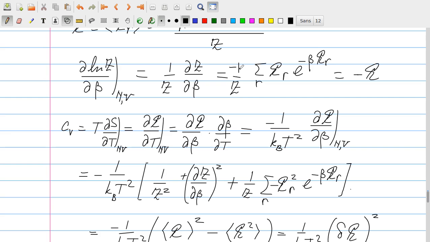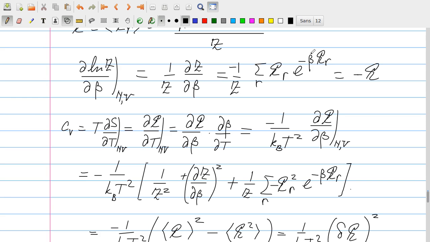If we take the derivative of 1 over Z, we get minus 1 over Z squared, but we had already a minus sign. And then we need to multiply by dZ d beta. Now this term here is already dZ d beta. We get a second dZ d beta, and so we have a dZ d beta squared here. So that's the beta derivative coming from this Z.